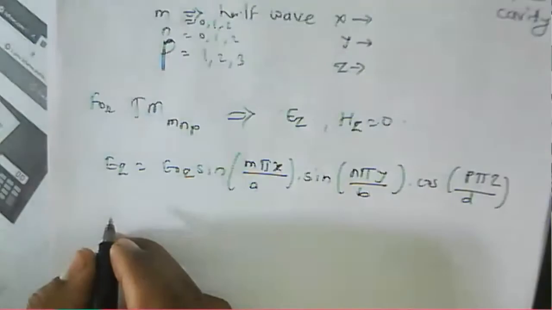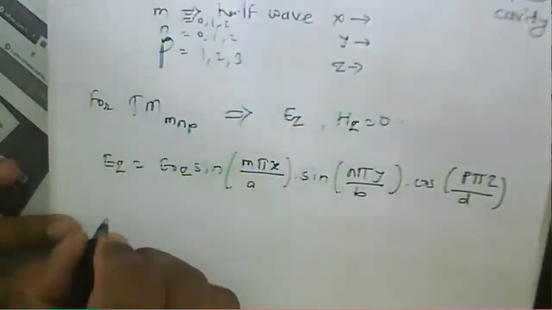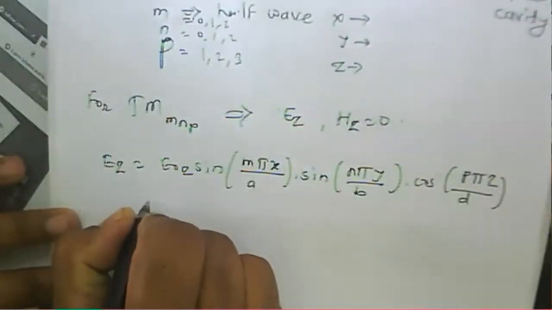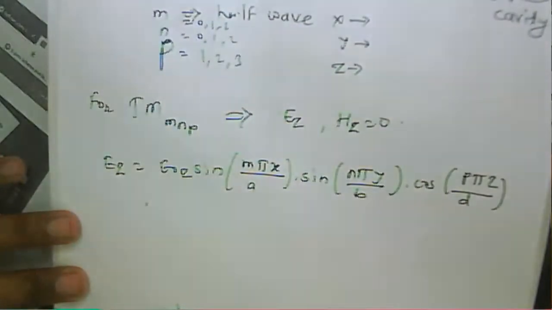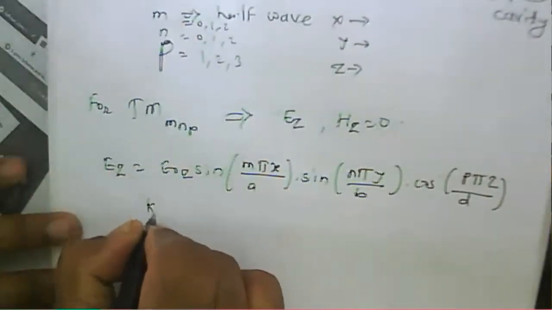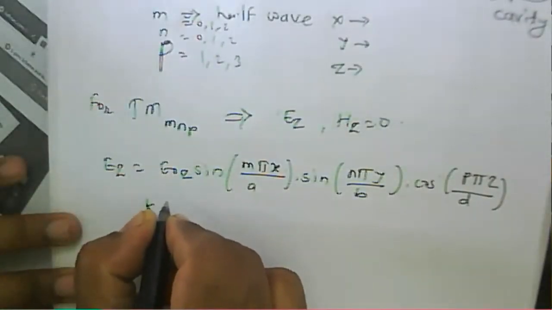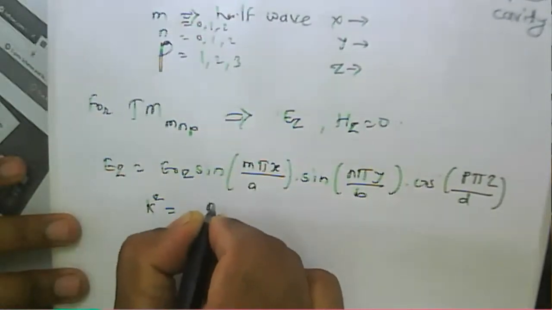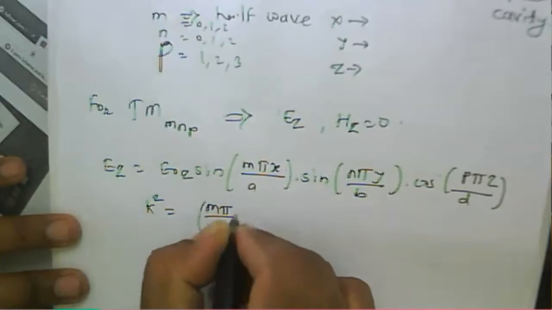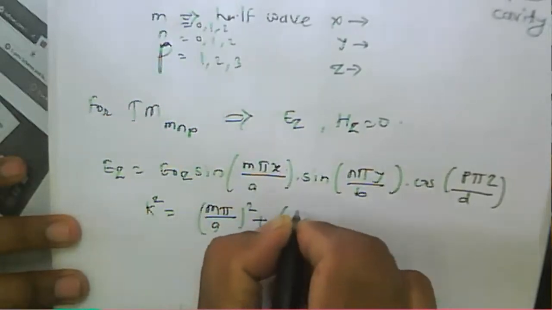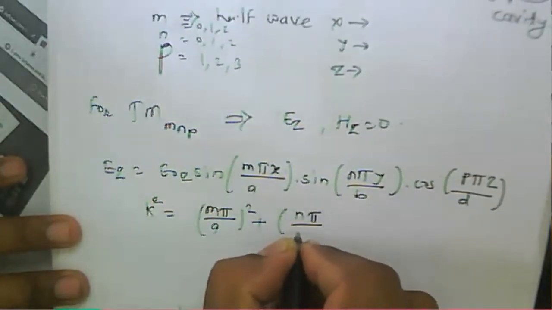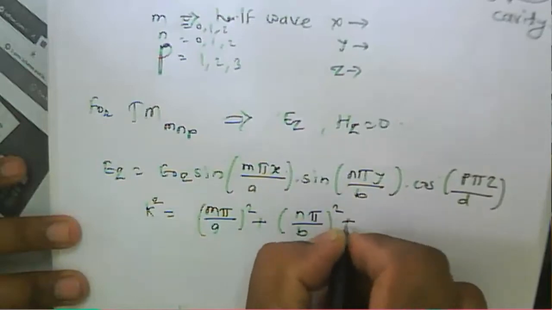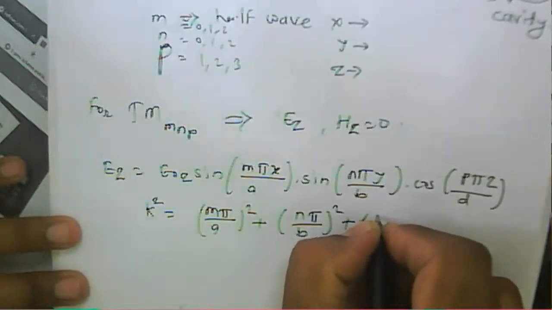For TE and TM modes, the propagation constant of this guide depends upon the A and B sides and the m, n and p values.